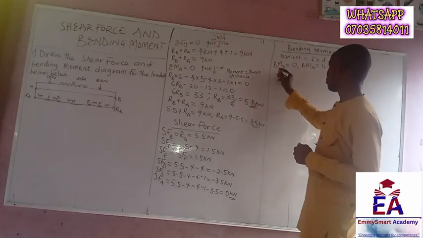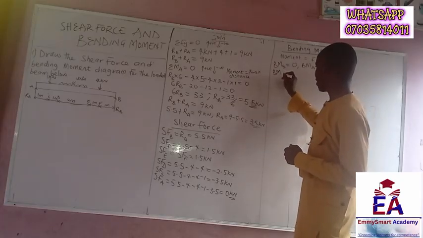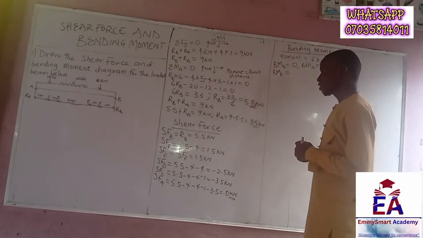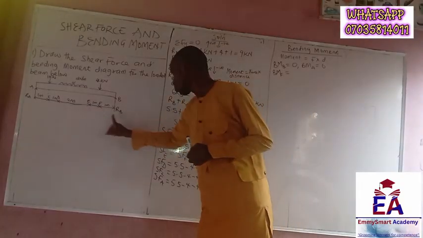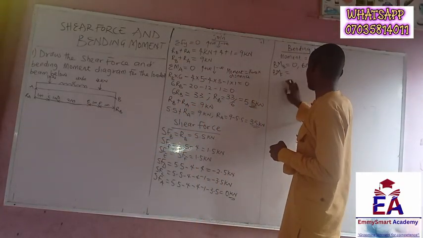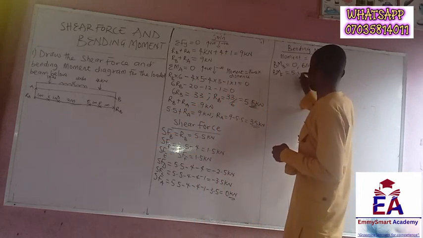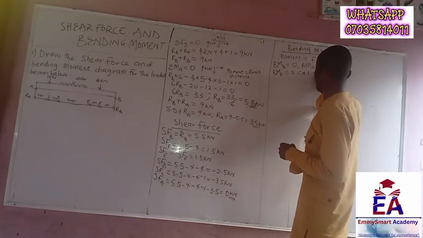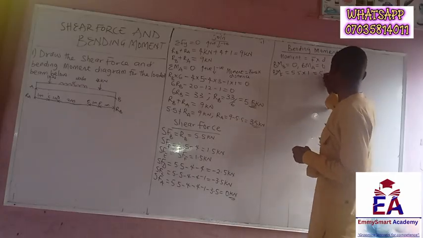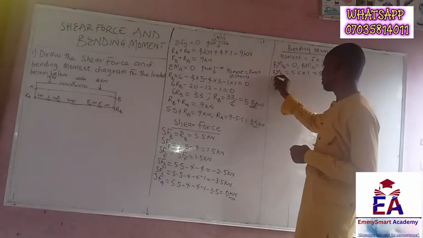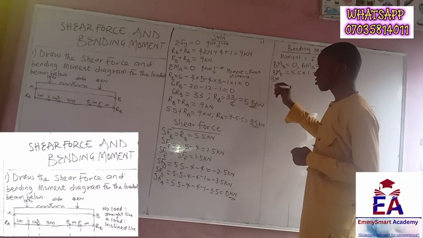So now the bending moment at point F. The distance is from here to here. So we have 5.5, which is the force, right? And the distance is 1 meter. So we have 5.5 kilonewton meter.